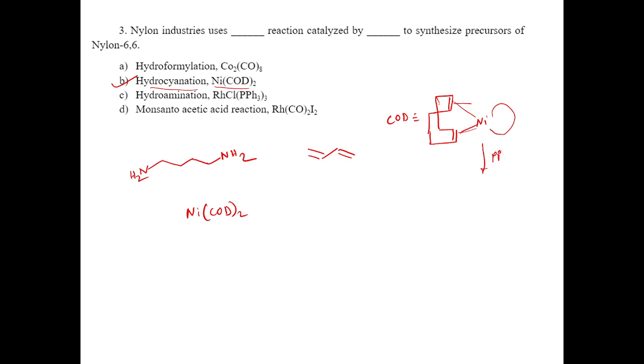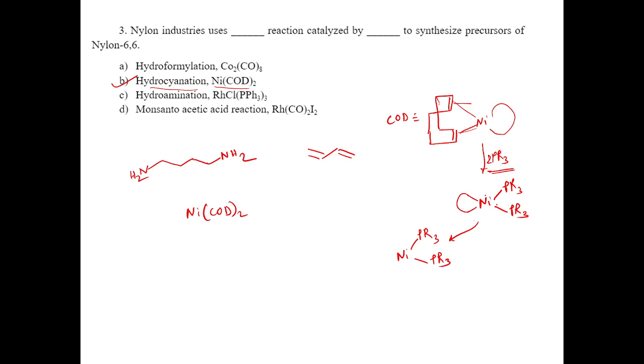PR3 reacts, and two of the COD are replaced by two of this PR3 phosphine ligand, and that makes the actual active nickel species like this. Okay, so the COD also leaves out. Then this is the active catalyst for the hydrocyanation reaction.